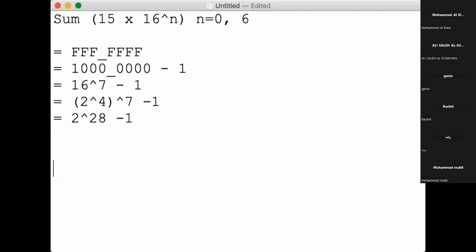Who asked it? Muhammad Mukli. Hello. Can you elaborate your question, please? Because it's not clear. Do you want to use only OR gates to implement XOR, or only one OR gate to implement an XOR?